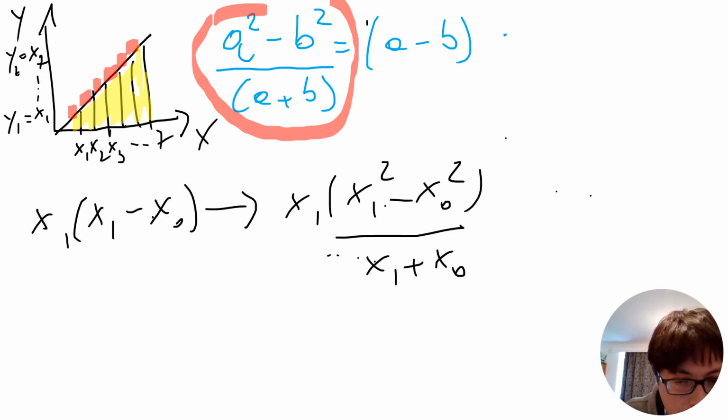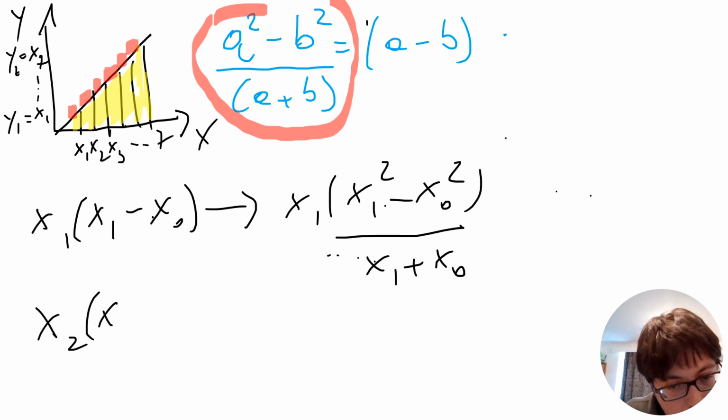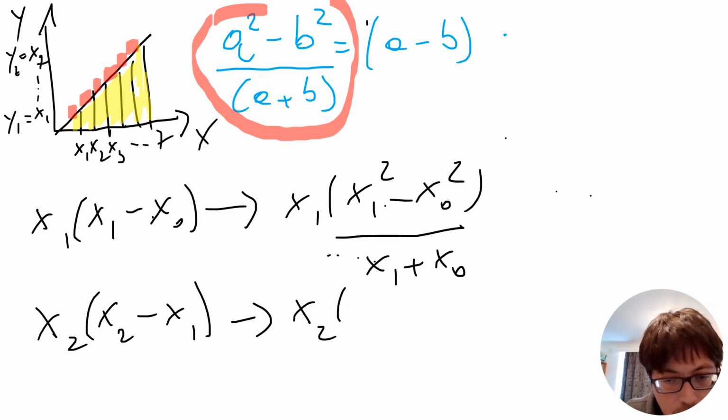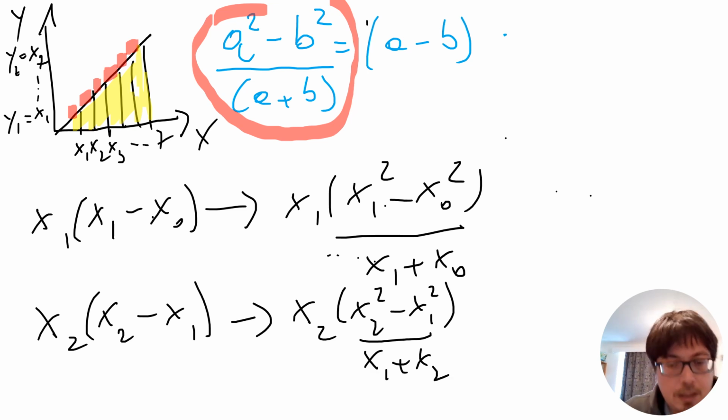And then we have x2 minus x1, which is transformed into this bit here, divided by x1 plus x2, and so on. We go up to 7, we said. Okay, so we have this expression here.